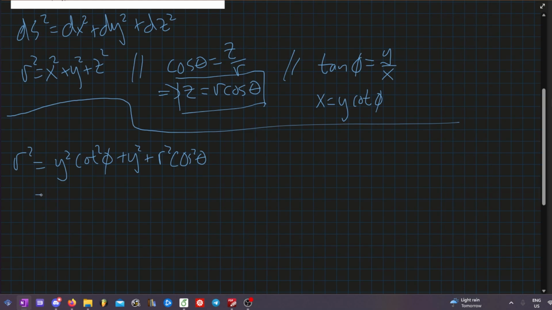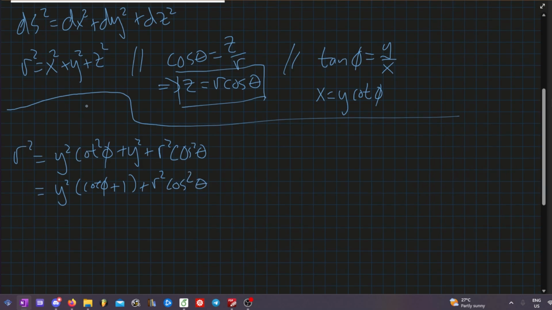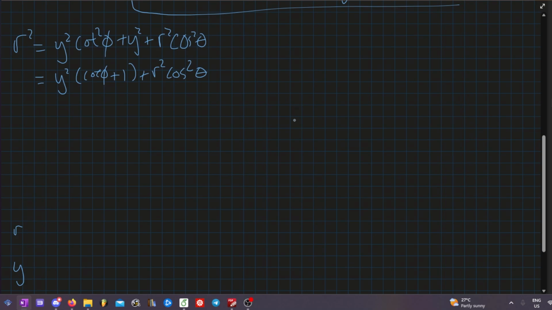Okay. So now we can go ahead and factor out the y squared term, because the brackets are going to look like a trig identity now. Let's simplify these brackets a little bit now. So we're going to have something like, let me think, cotangent squared plus 1, which means we can just add sine squared phi on top.